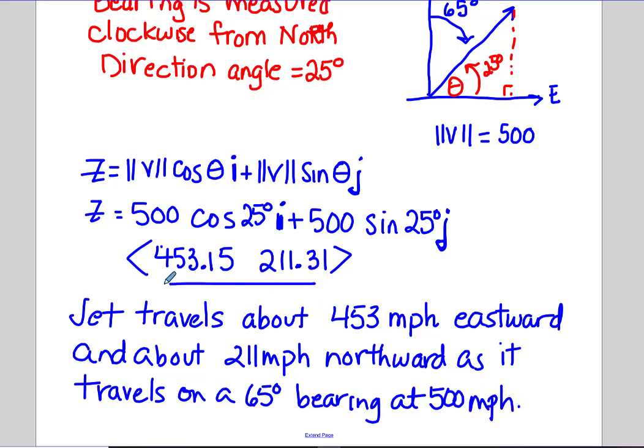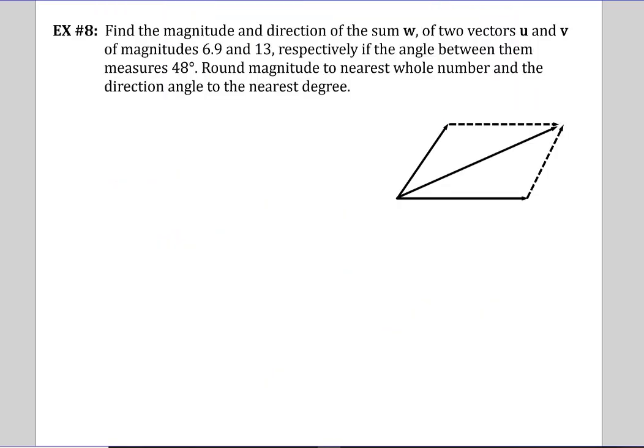What does this component form mean for that vector? What does this mean in the trig form? This one's a little more abstract. Let's say we want to find the magnitude and direction of the sum of two vectors u and v. And those two vectors have magnitudes 6.9 and 13 respectively.